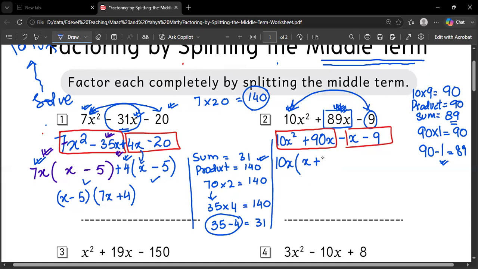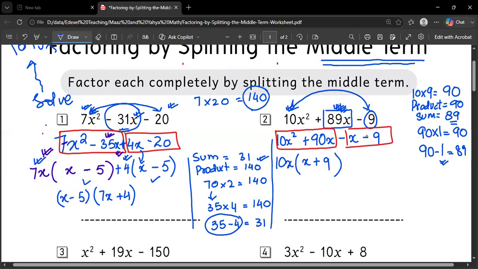And the next is 90x. If 10x is taken common, what should I write so that 10 will multiply with this to make 90? We have to write 9 only.